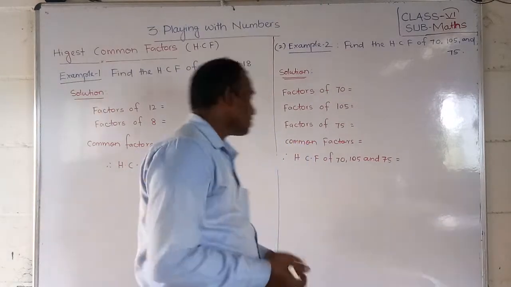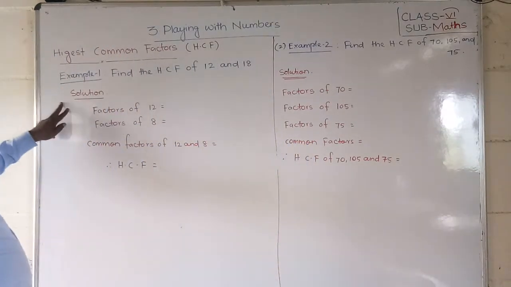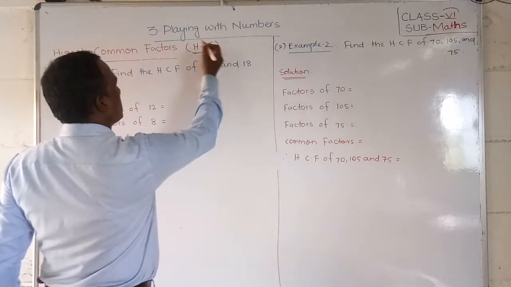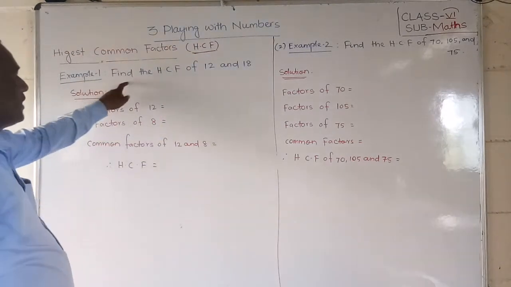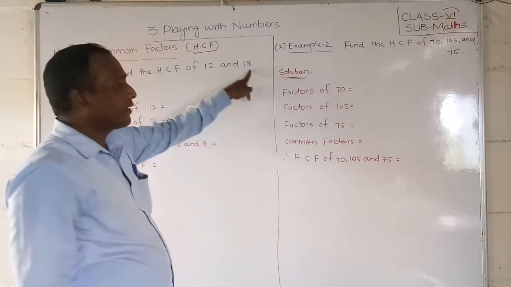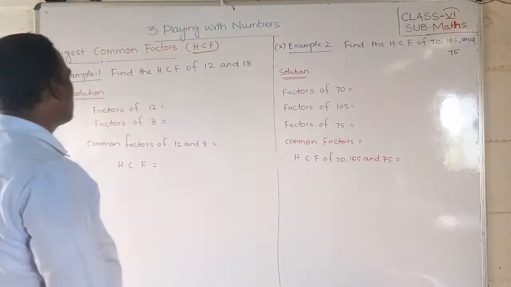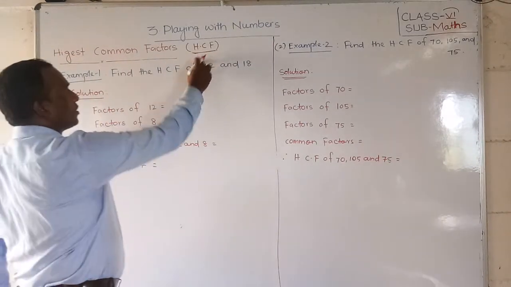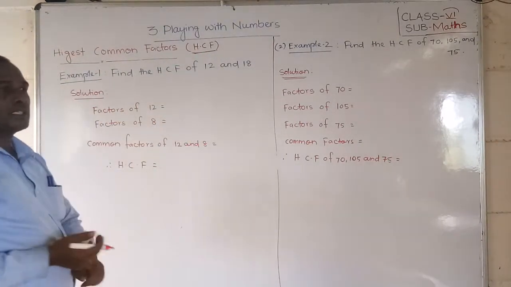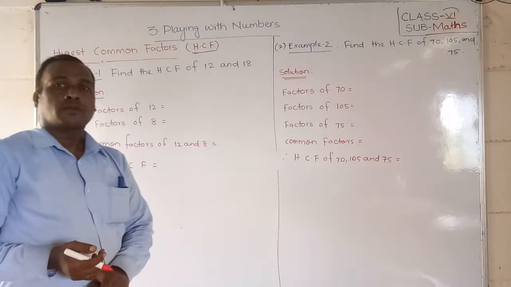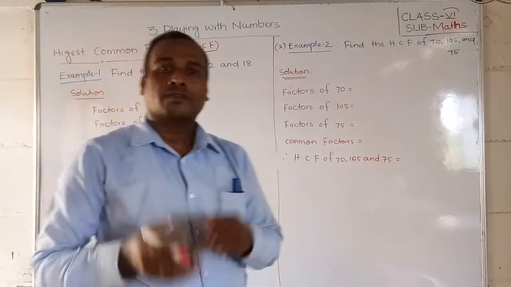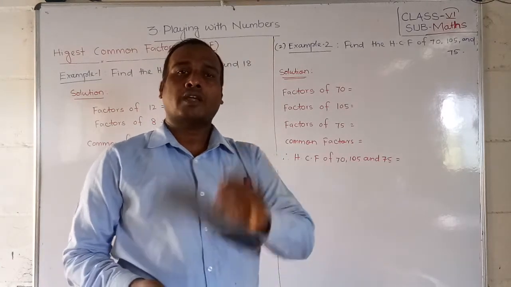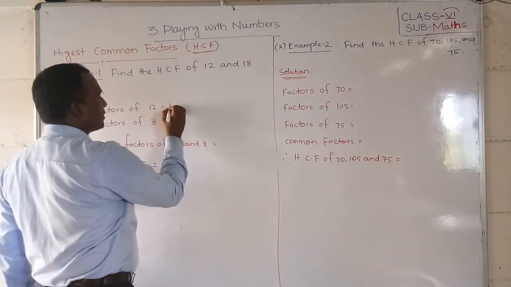Let us start with an example to understand what HCF is. First question: find the HCF of 12 and 18. First, find the factors of 12. One is a factor of every number, so we write 1 compulsorily.